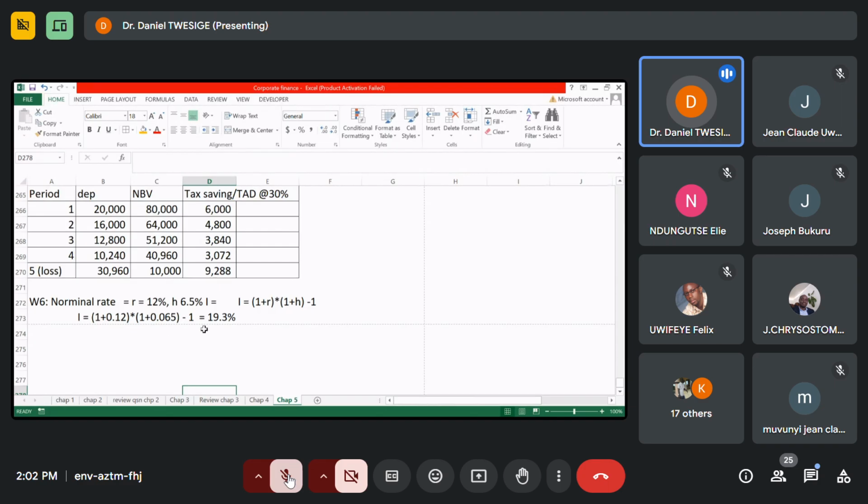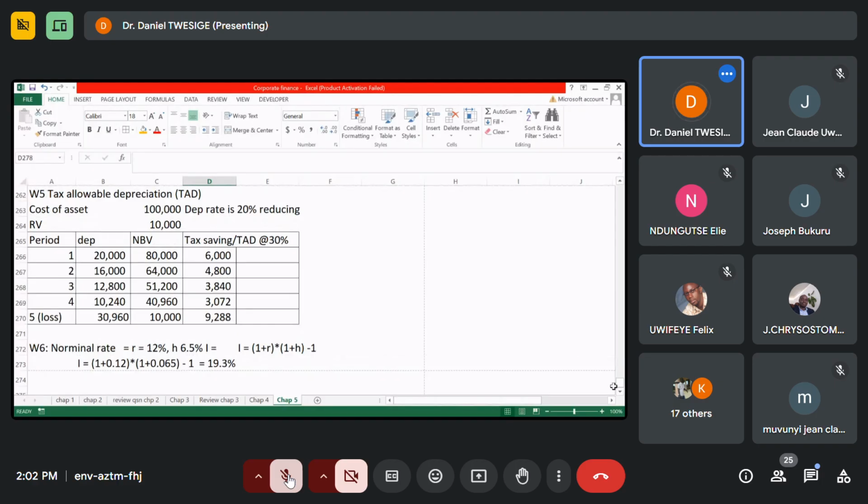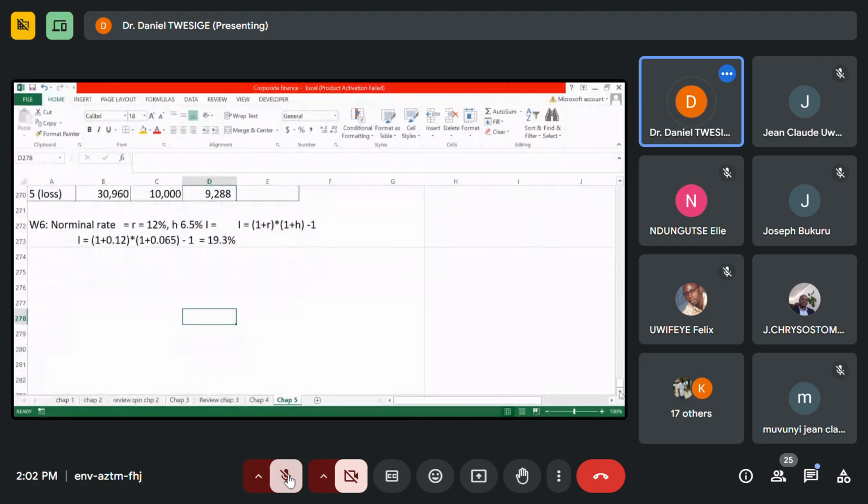I think we have all the workings. What is remaining is now to put in our format. So we are looking at a NPV at 19.3%. So this is year 0, year 1, year 2, year 3, year 4, year 5.